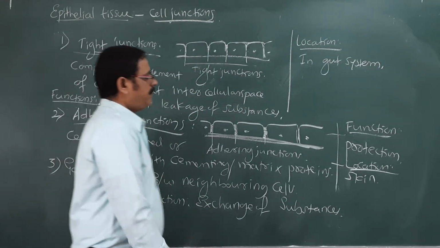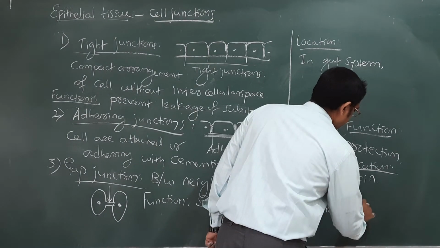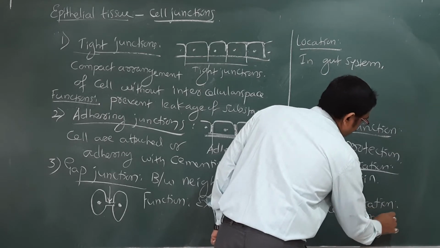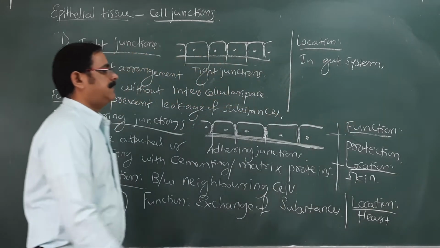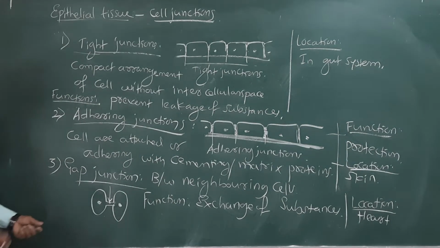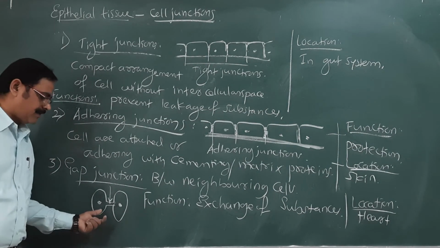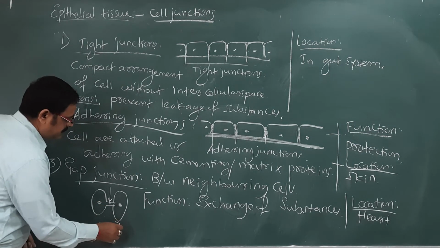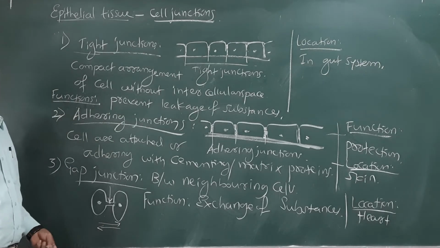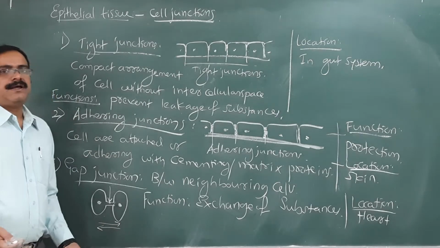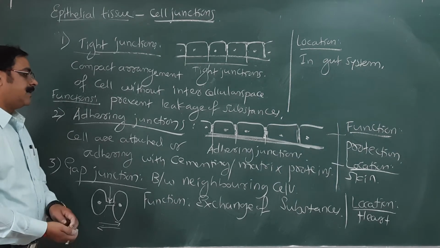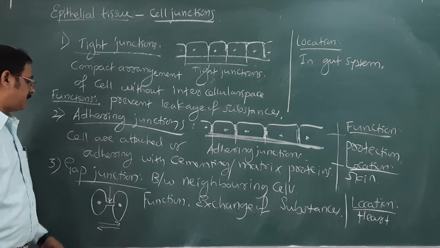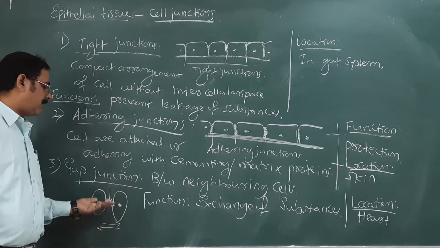Where can we find it? Gap junctions, we can find in the cells of the heart. These cells have a gap or distance between them, but still they exchange substances with each other, maybe nutrients, gases, water, minerals, many things. This kind of gap junction in the plant cell we call plasmodesmata, but in animal cells we call it a gap junction.